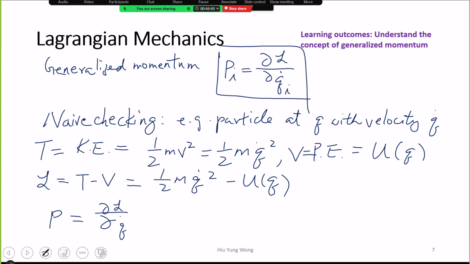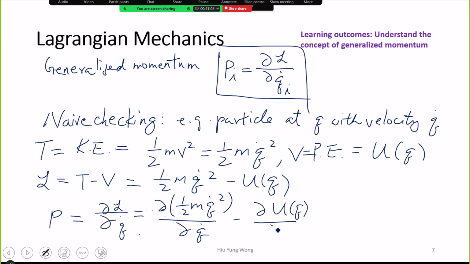If it does not, then this definition has some problem. Do you know how to do this? We can do it carefully. It equals the partial of the first term, 1/2 m q dot squared, with respect to q dot, plus the partial of the second term, U of q, with respect to q dot. This is a partial derivative. What is the value of the second term?